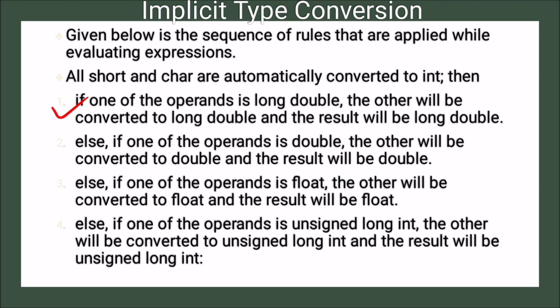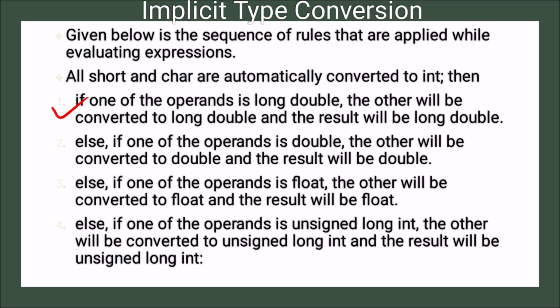Else if one of the operands is double, the other will be converted to double and the result will be double. The third rule: else if one of the operands is float, the other will be converted to float and the result will be float. So this is basically if, else if, else if.